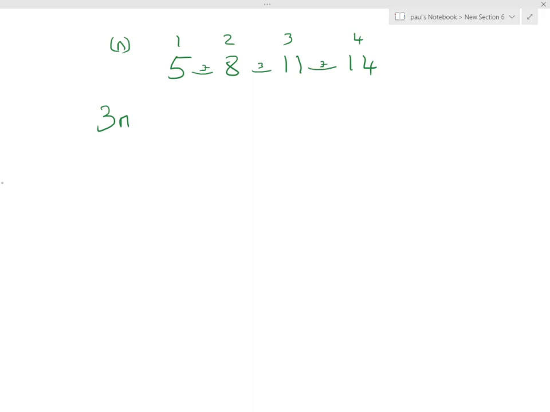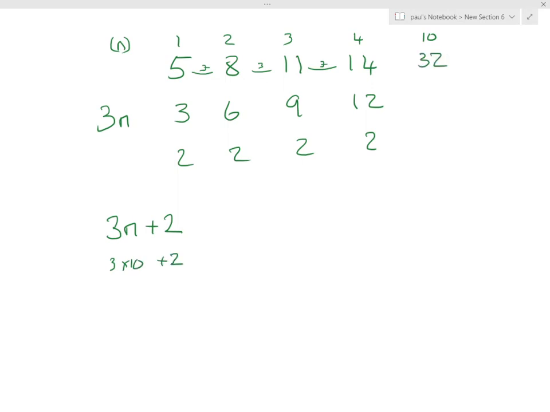So 3 times 1, which is the n number, is 3. 3 times 2 is 6, 3 times 3 is 9, 3 times 4 is 12. Now they're not the same, they never are. Now we subtract. 5 take away 3 is 2, 2, 2, 2. It's a positive 2. So we combine the two together to be 3n plus 2. And if we want to find the 10th term, 3 times 10 plus 2, which is 32.